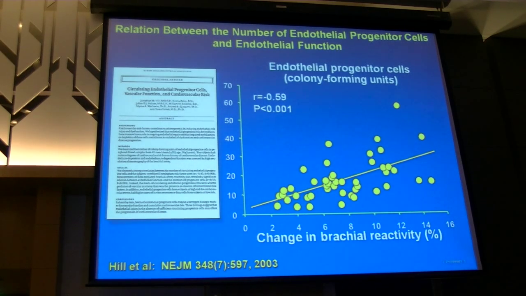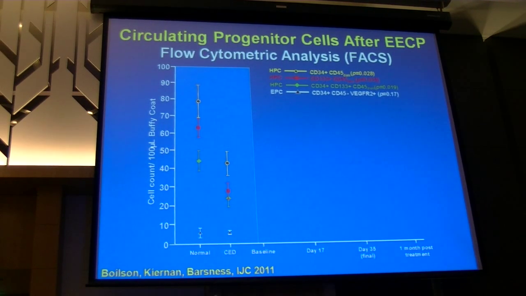It had also been shown that the number of endothelial precursor cells circulating in the body are correlated with endothelial function and good outcome. And so we measured coronary endothelial precursor cells in our patients undergoing ECP as well in a separate study.